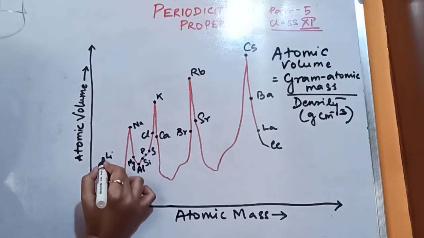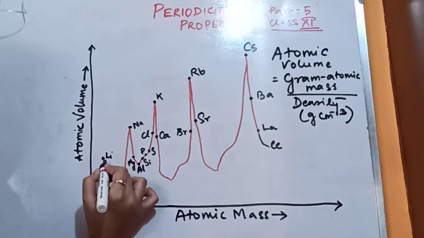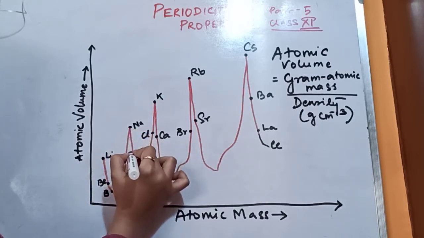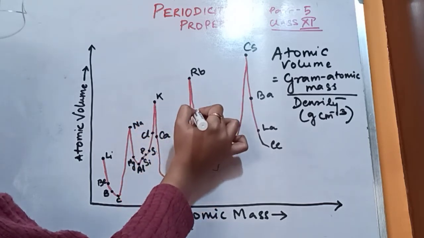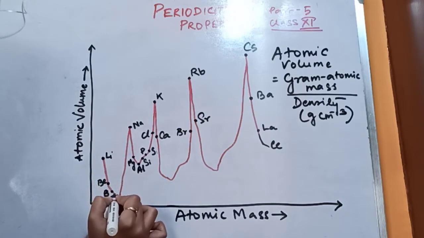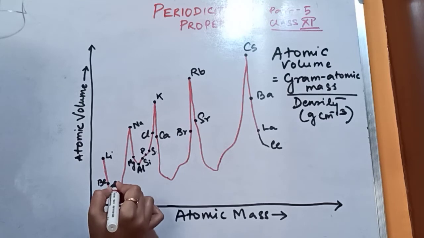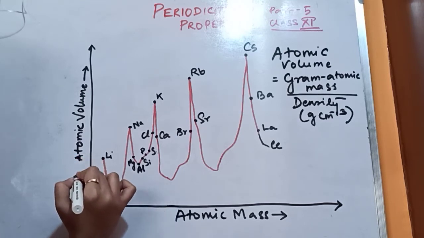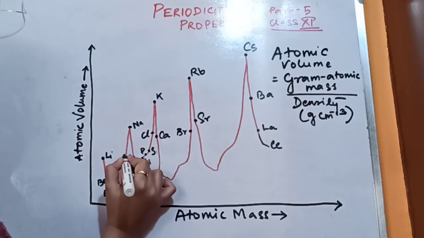Then while coming back, we are getting the electropositive elements, meaning the slope on the right side of this peak. Then in most cases the metalloids are at the lowest positions, and then again it increases for the electronegative elements.